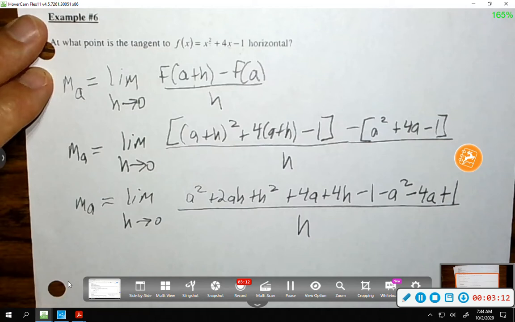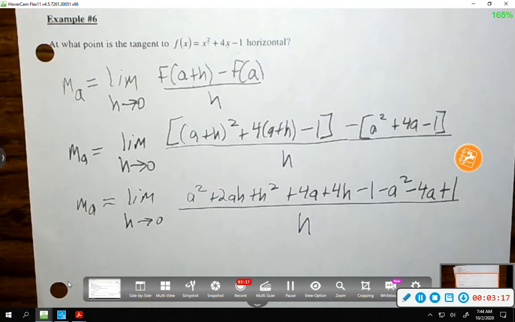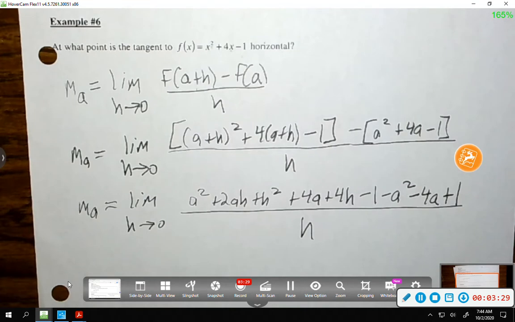As you do these, every term that doesn't have an h must cancel in the numerator. If that doesn't happen, there's probably an issue. Maybe you distributed a negative sign incorrectly, or you plugged a plus h in incorrectly. But every term that doesn't have an h in the numerator is going to cancel.